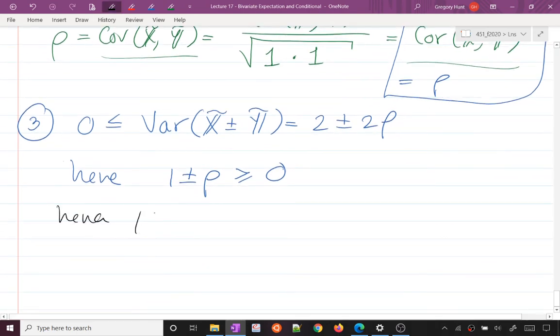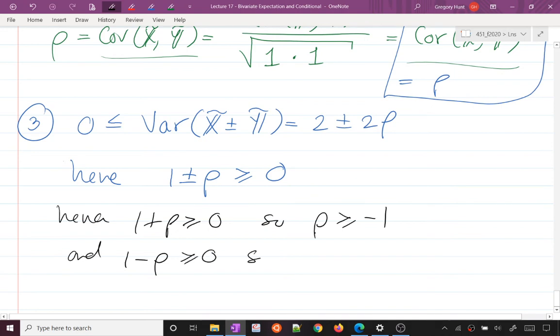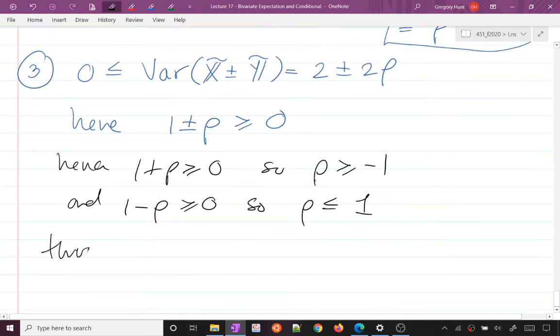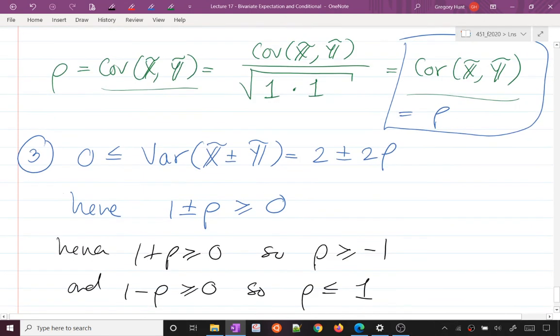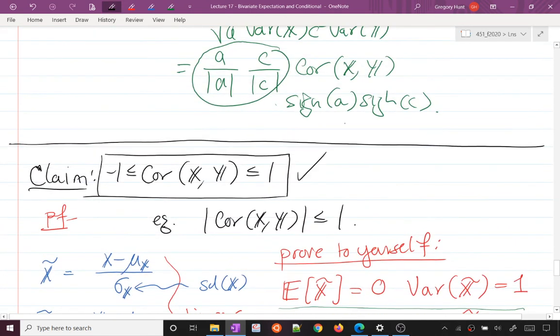Hence, 1 plus rho is bigger than or equal to 0, so that means rho is bigger than or equal to -1. And 1 minus rho is bigger than or equal to 0, so rho is less than or equal to 1. Thus rho, my correlation, is between -1 and 1. And that's the fact we wanted to show. So it shows that, indeed, my correlation is between -1 and 1.